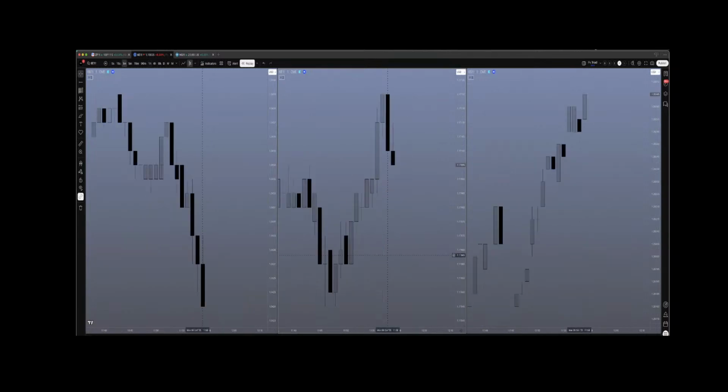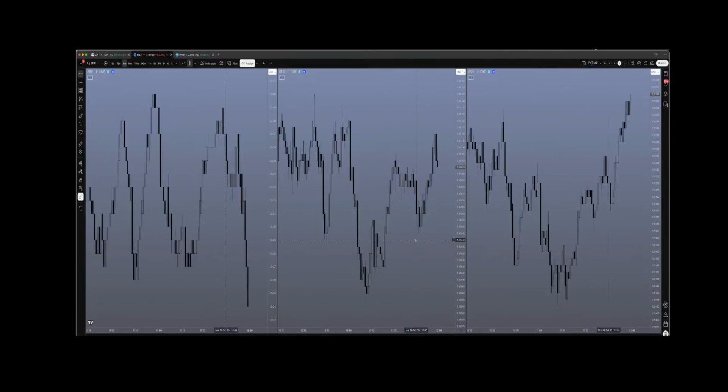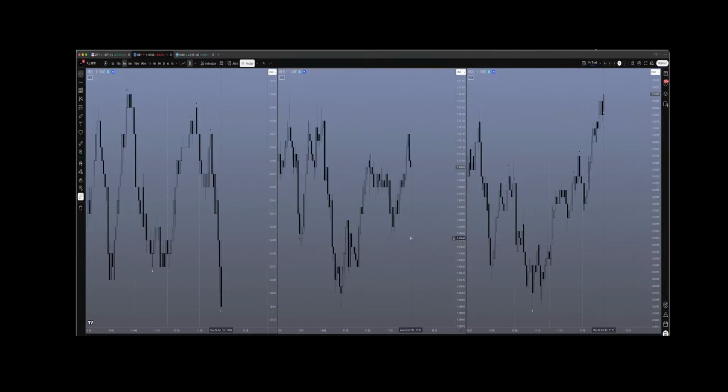Let's drop down to the M1. Okay, so the first candle's broke. So we either need to see another sweep of liquidity or an inversion or something like that. Let's play price.